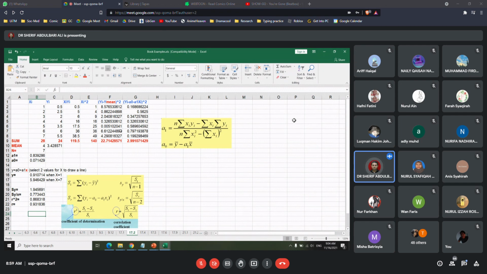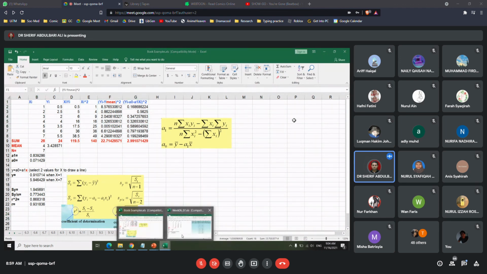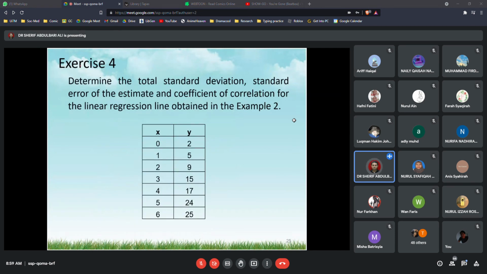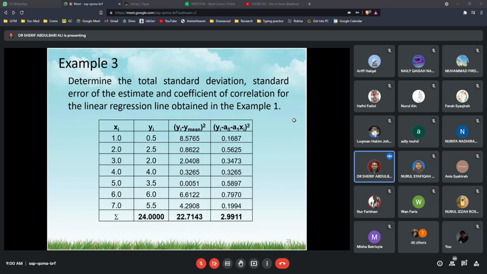Okay, this one is actually the example from the textbook. Instead of you doing the example and wasting your time, and the solution is already here in the slides, can we do the exercise? This exercise is the same as the example too. So that means for those values here, you already got the model from this example.